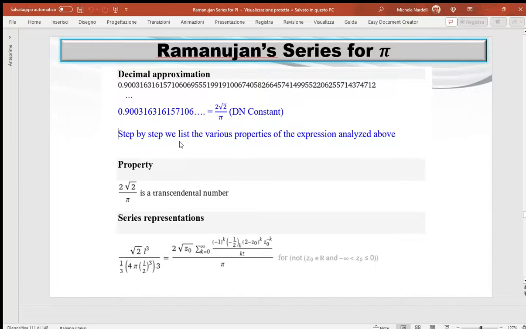Also here we list the various properties of the expression. Practically 2 root of 2 over pi is a transcendental number. Also here we obtain the series representation.